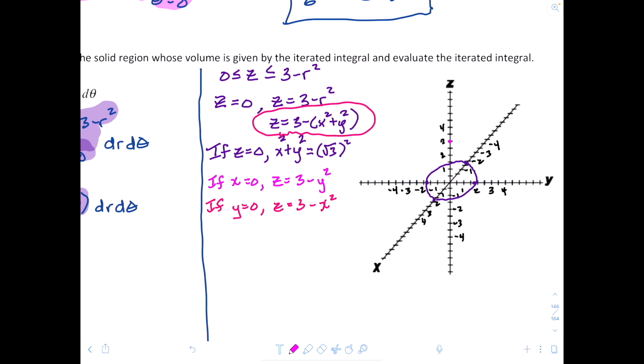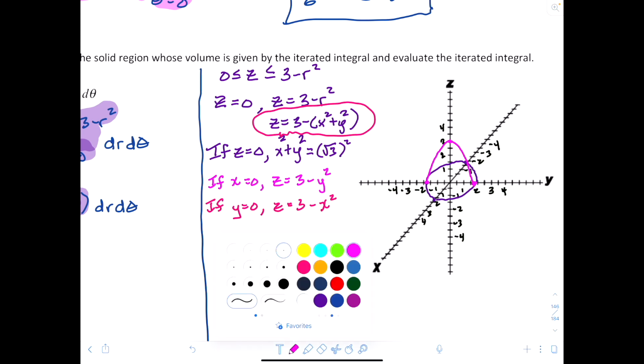If z itself was 0, y would be plus or minus root 3, since when y was 0, z would just be 3. So you would get these points here.